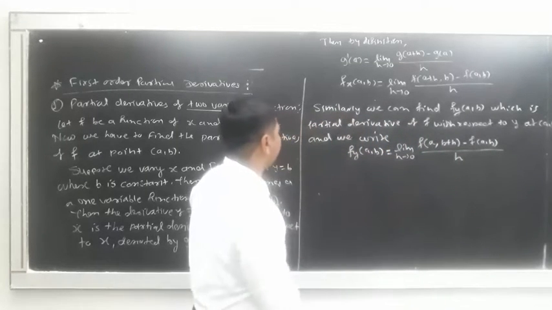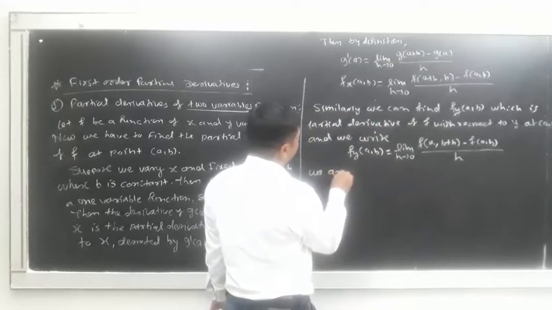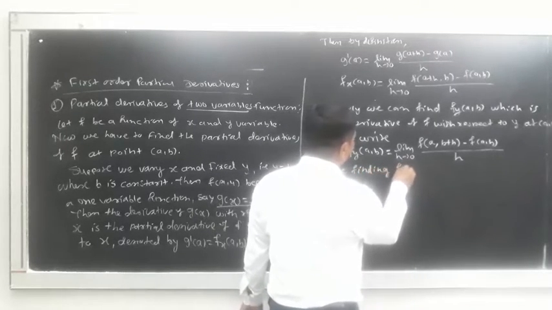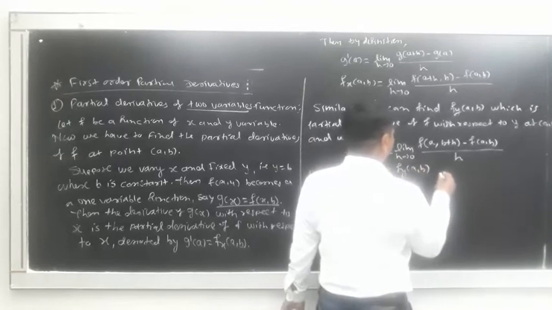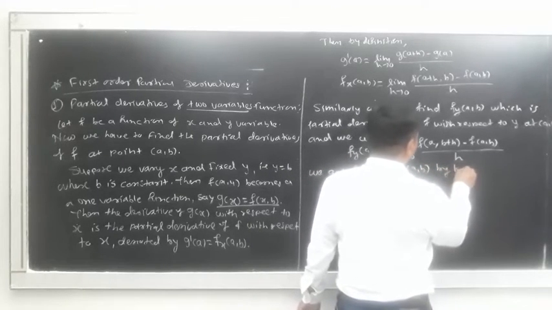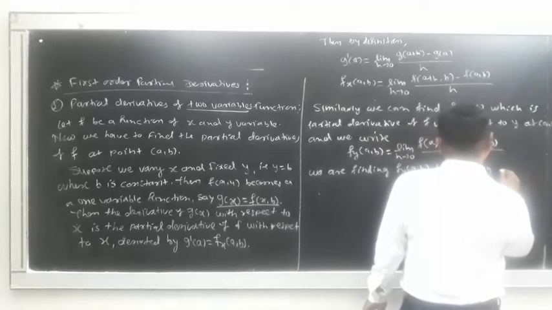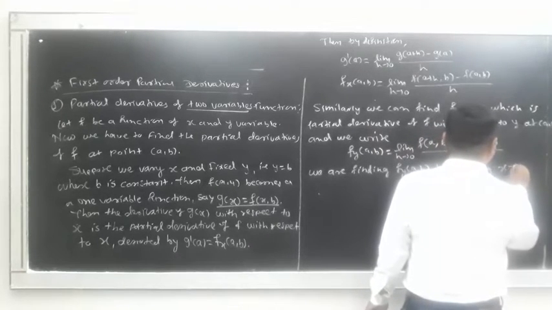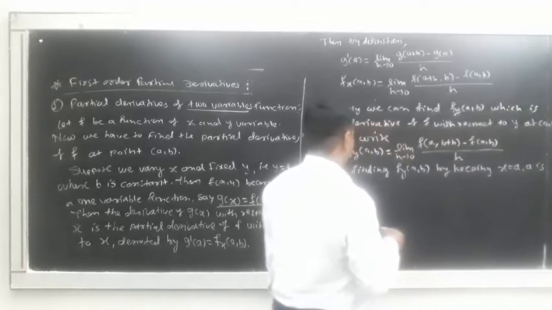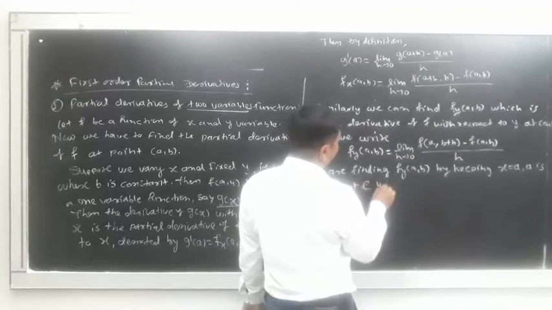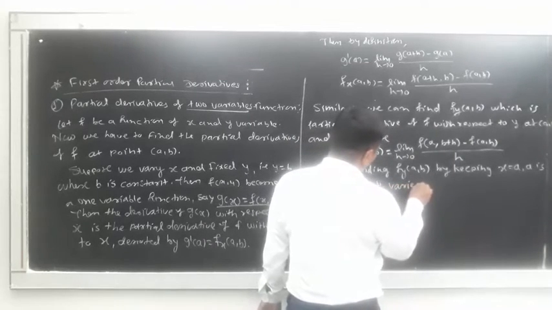How we find this? We are finding fy at AB by keeping x constant, x is equal to a is constant, and y varies.